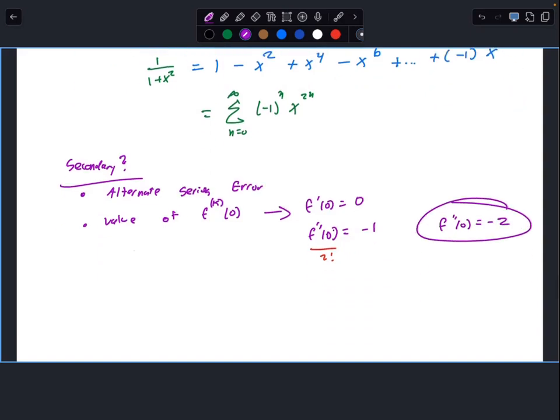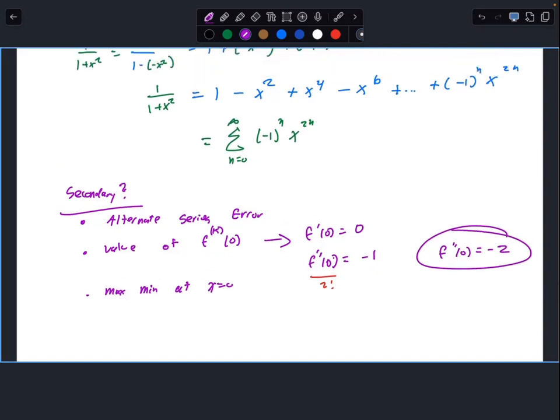You can also determine now things like max or min at x equals 0. Okay, well, do we have a maximum or do we have a minimum at x equals 0? Technically that's something you did in Calc AB, our initial ones. The first derivative is 0. It's concave down, so we know that we have a horizontal tangent and concave down, which means it's a maximum.